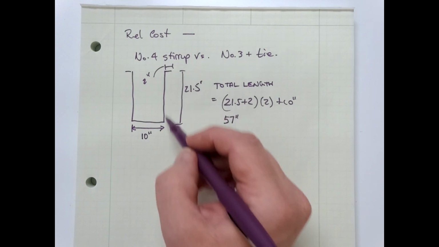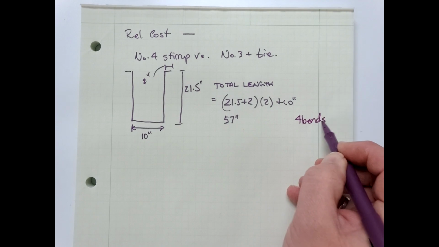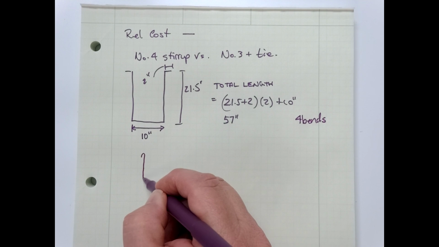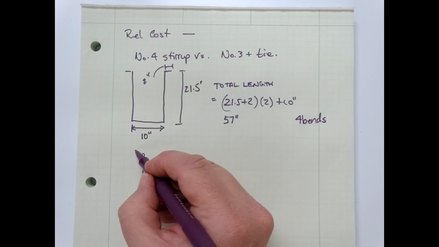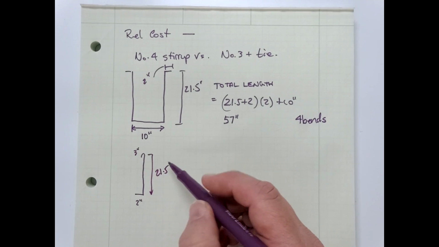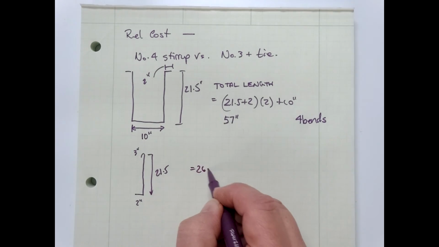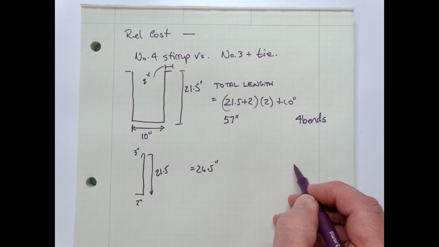And there's 1, 2, 3, 4 bends. If we now add in this bar, this is probably 2 inches, this is 3 inches, this is still 21.5. And this is equal to 3 and 2 is 5, 26.5 inches, right? And it has 2 bends.